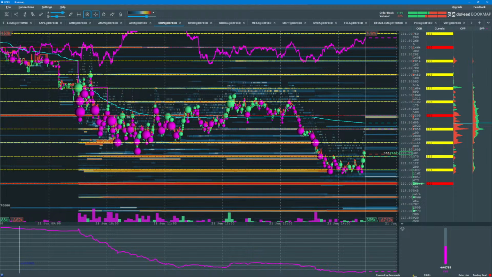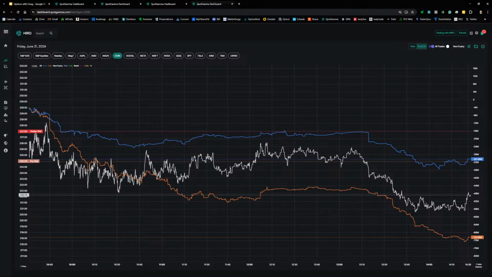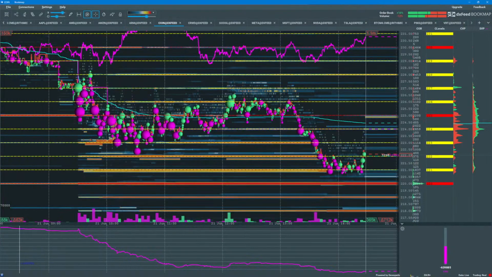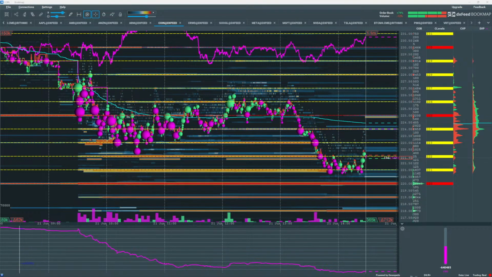Here's the 227.50 hedge wall, 225 put wall. Price reverses around that level. A lot of aggressive sellers coming in, shown by the falling cumulative volume delta and also the magenta volume dots.